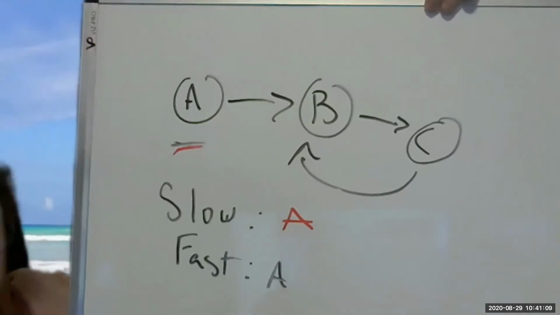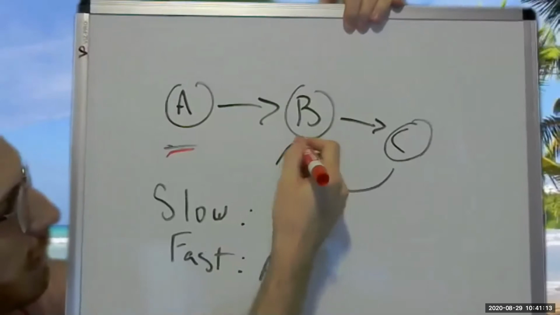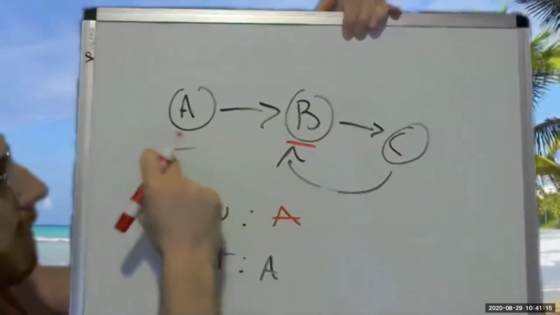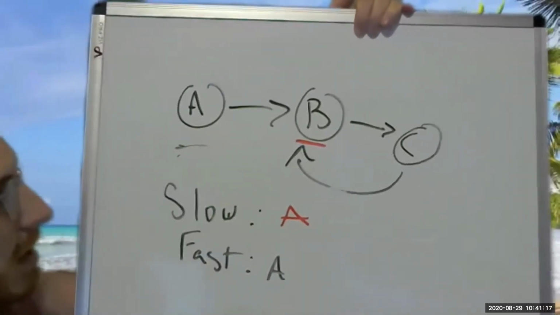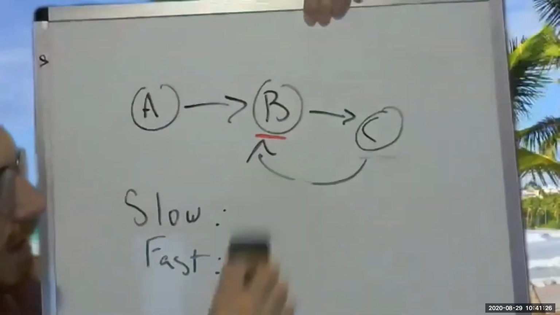So let's see. First iteration, slow is going to move to B. And fast is going to move to C. So let me grab my eraser because my hands are going to get totally messed. Okay, so we'll update this.